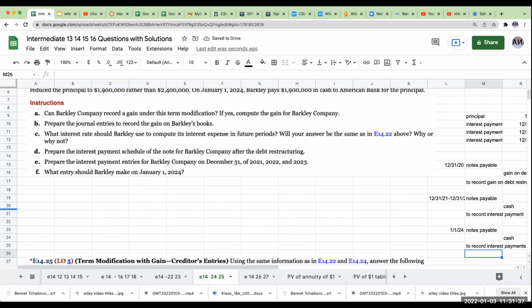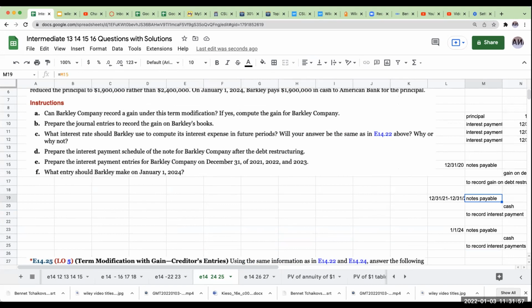Do we have to do an interest payment schedule? There's no interest expense, so every time we make a payment, it's essentially reducing the carrying amount of the note payable.